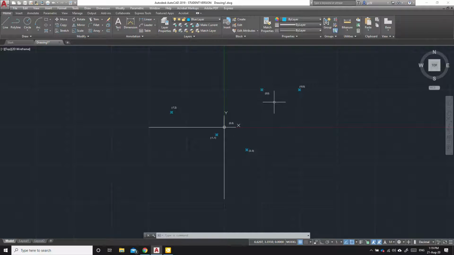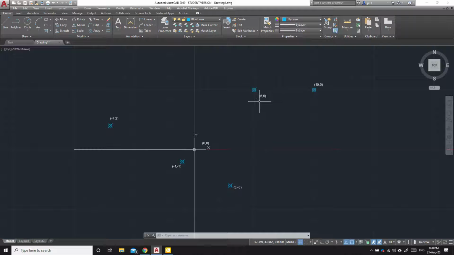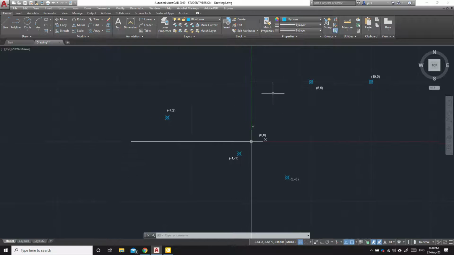Essentially what AutoCAD does is say that anything in this quadrant, to the right of the green line and above the red line, is quadrant 1, and all of those coordinates are going to be positive in the x and positive in the y. As we move to the left, anything to the left of the green line and above that red line is quadrant 2.